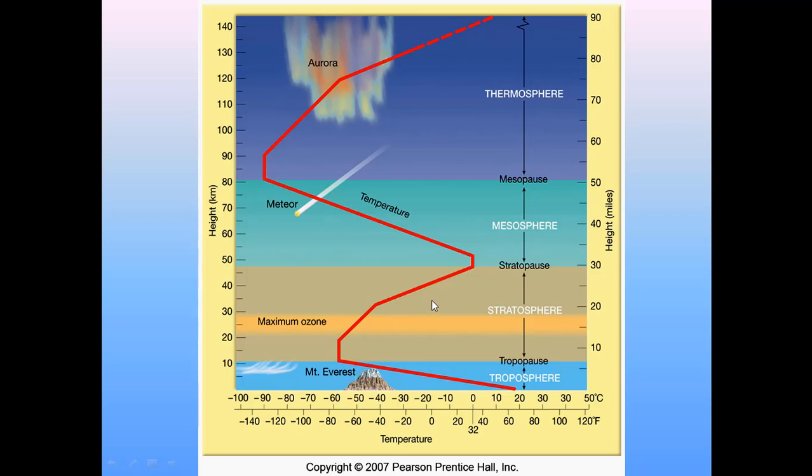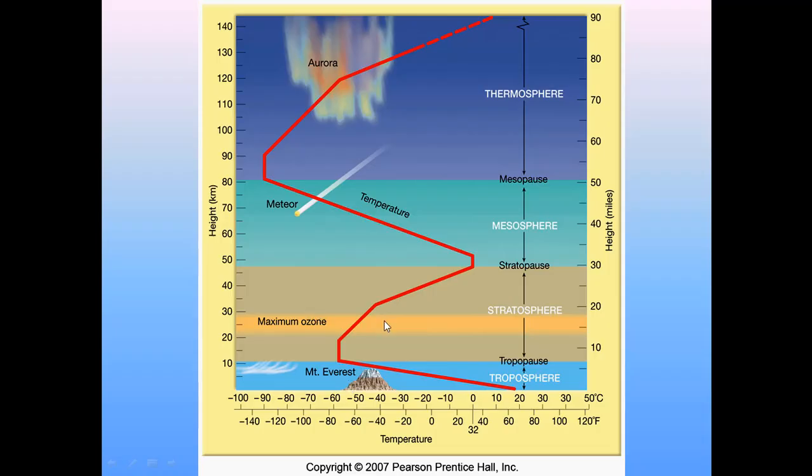Well, temperature increases here because this is the layer of the atmosphere that contains the Earth's natural ozone. And ozone is very important because it absorbs the harmful solar radiation that the Earth would receive. Without it, humans, or really all living things, would be in contact with more harmful solar radiation.